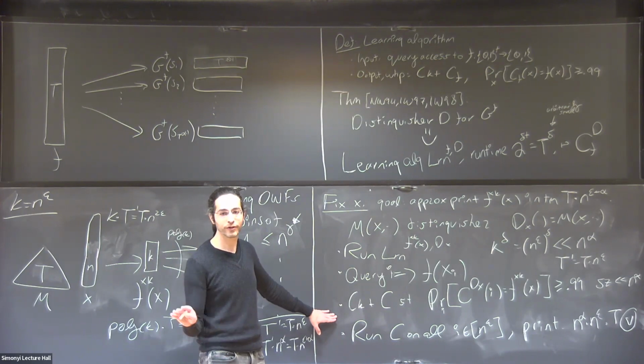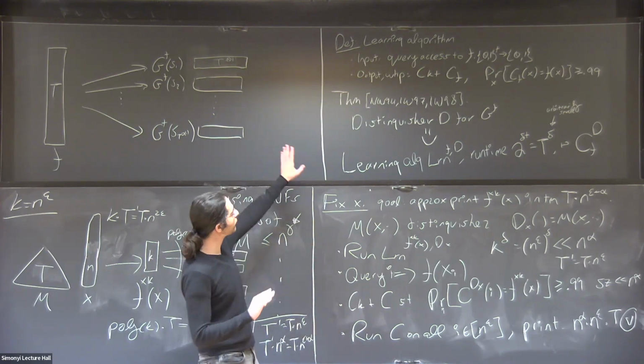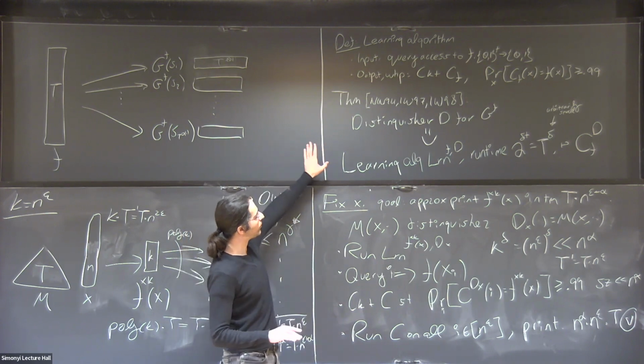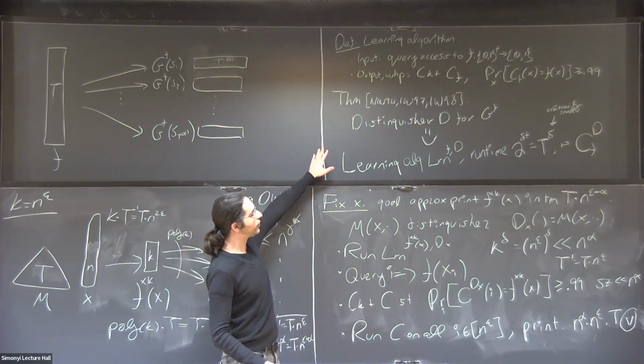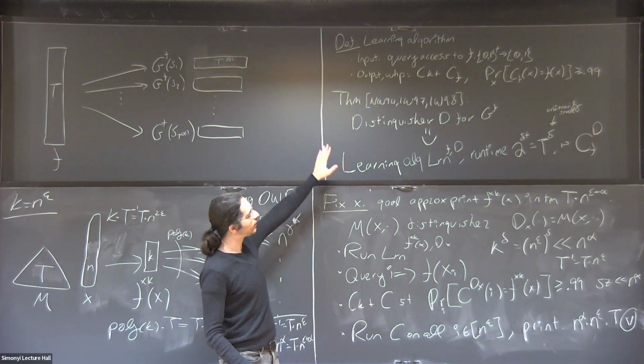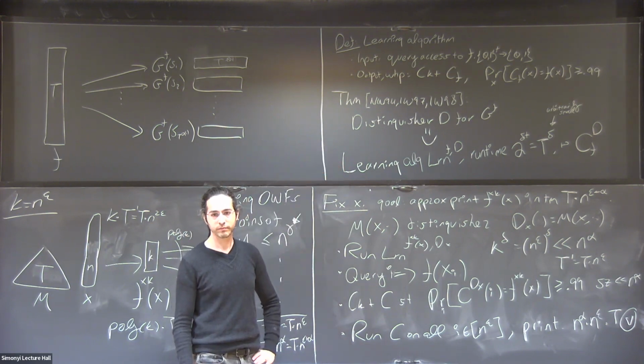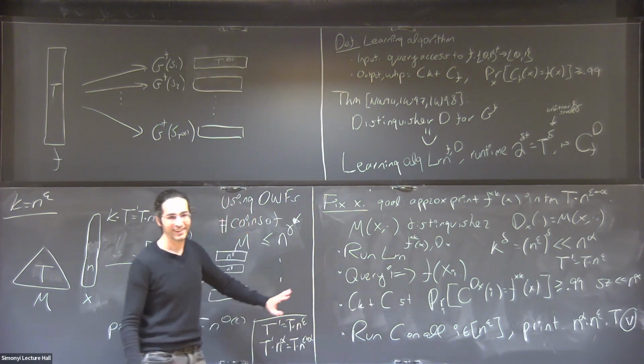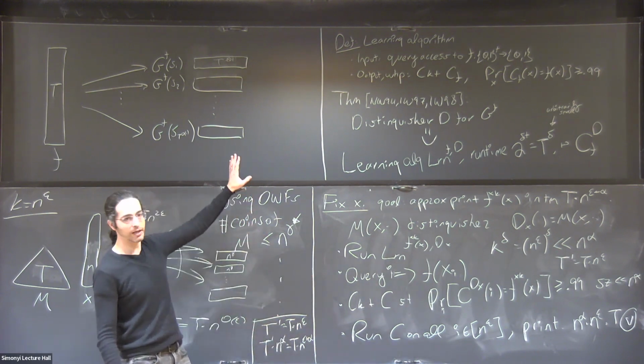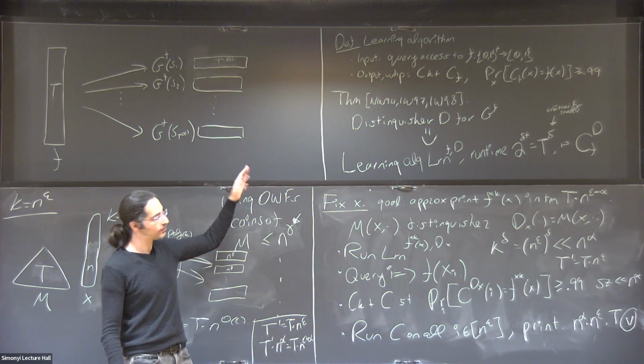No, this is the definition of a learning algorithm, and this as a black box is what I want you to take. If there is a distinguisher, then there is a quick learning algorithm. Oh, okay. So it's a result. You didn't explain it. No. I'm appealing as a black box result to all the classical stuff.